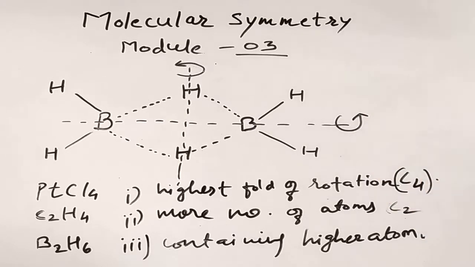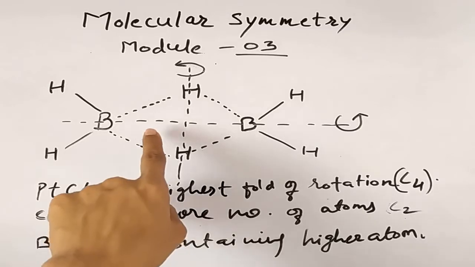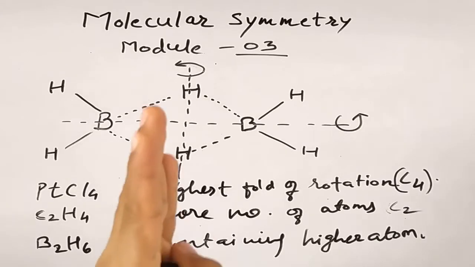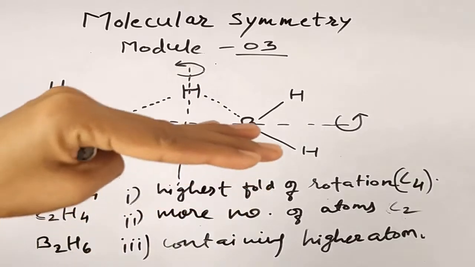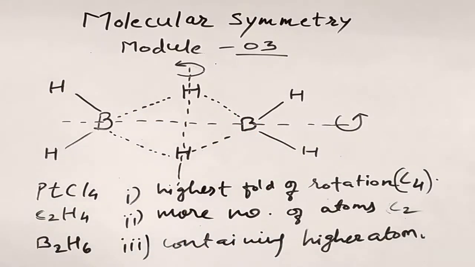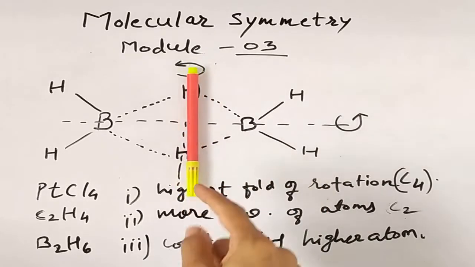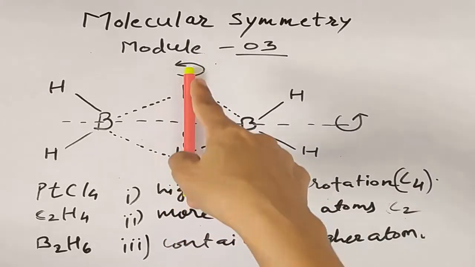And now, we have here the diborane molecule. How many rotational axes can we find in total? If you try to rotate the molecule, you will see 2 rotational axes. The first rotational axis passes through 2 hydrogen atoms, like this imaginary line called the rotational axis.